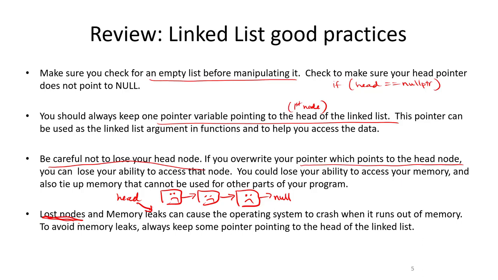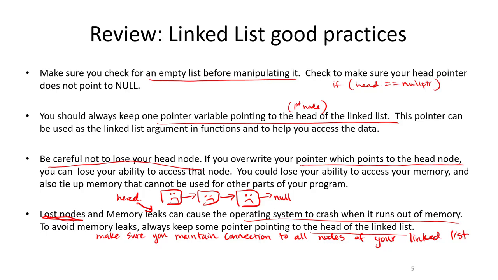Lost nodes create what's called memory leaks, where we have this extra memory that's being allocated, but we can't access it to delete it. These memory leaks will basically just occupy memory and cause our system to crash if we run out of memory. So to avoid memory leaks, always keep some pointer pointing to the head or to the first node of our linked list, and make sure you maintain connection to all nodes of your linked list.